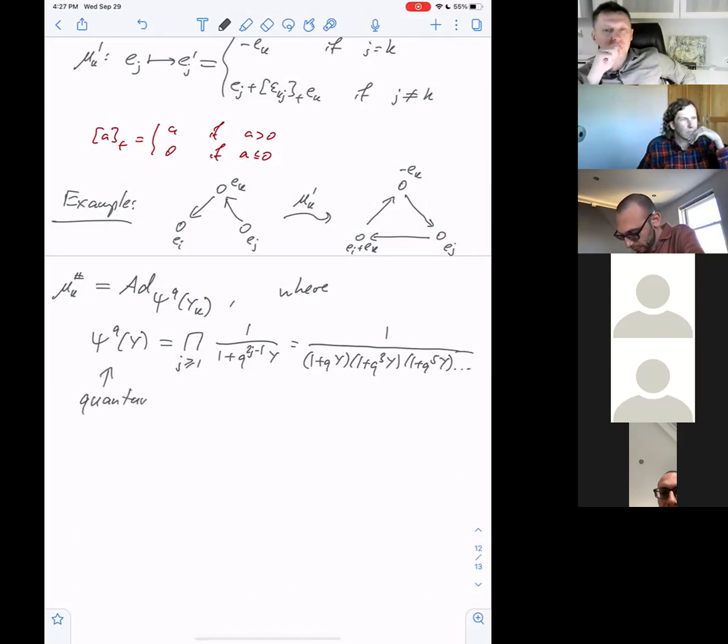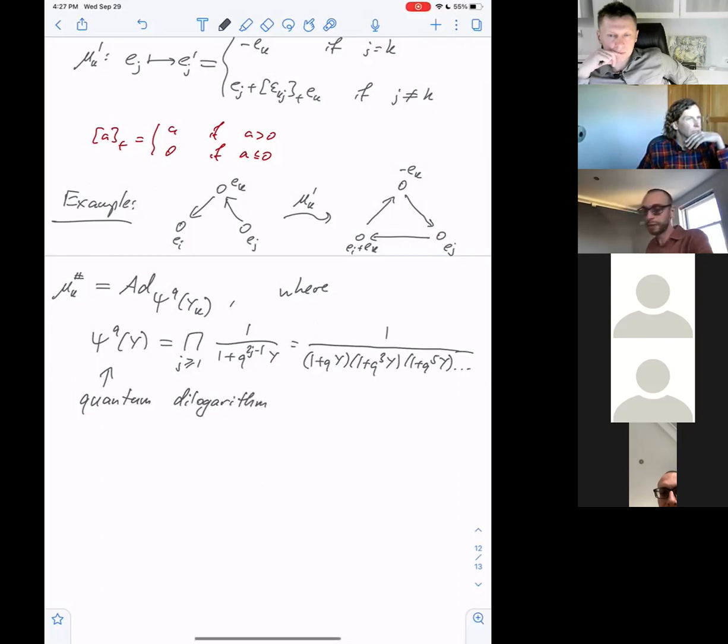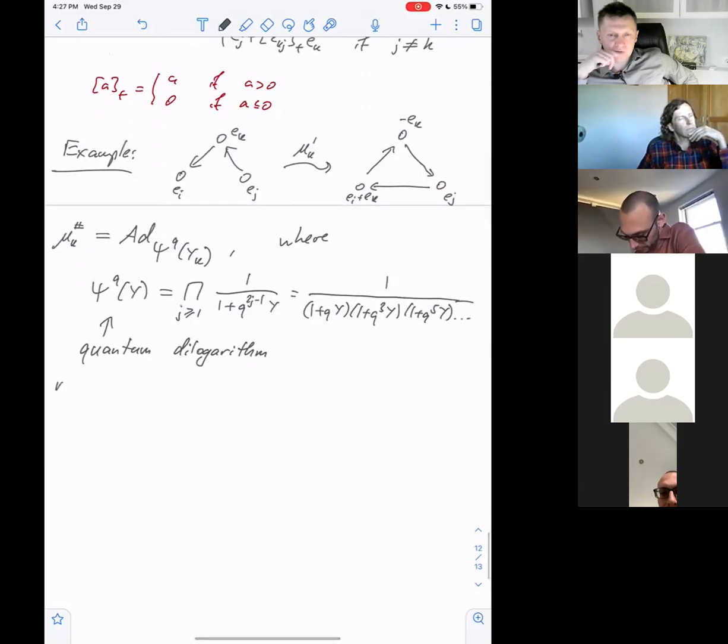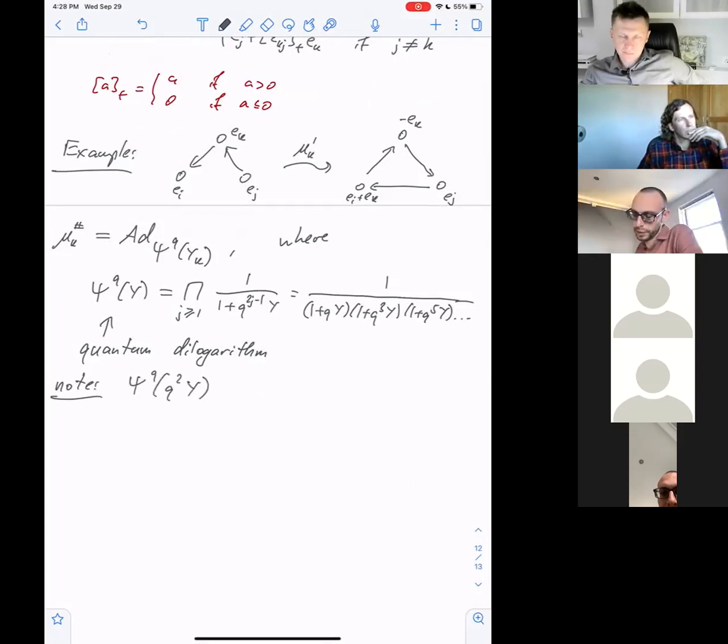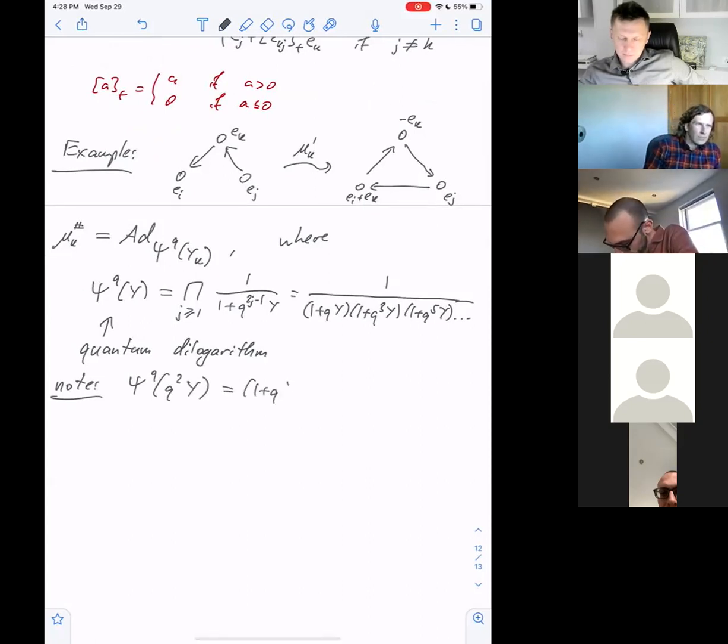So this function actually has several names. It's either called quantum dilogarithm, or q exponent, or q gamma function. All of these names actually have very precise meaning, but let me show why it should be called a quantum q gamma function, because you can see that if you shift the parameter, if you write psi q of q square y, what you get is just 1 plus qy times psi q of y.